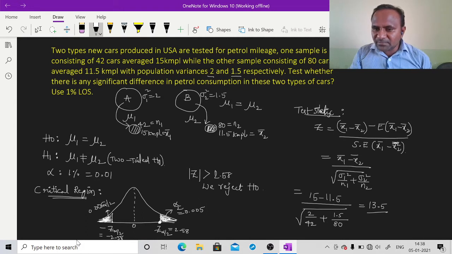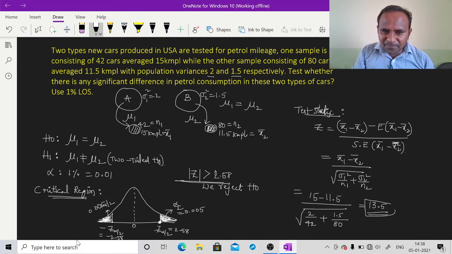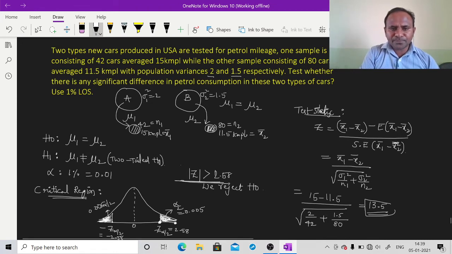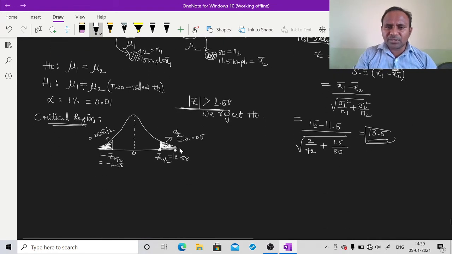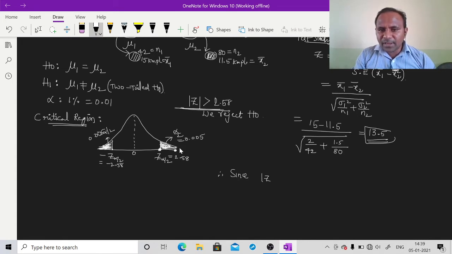So this z value is obviously in the critical region, because it is greater than 2.58. Our decision is to reject the null hypothesis. Since mod z, this value 13.5, is greater than 2.58, we reject the null hypothesis.